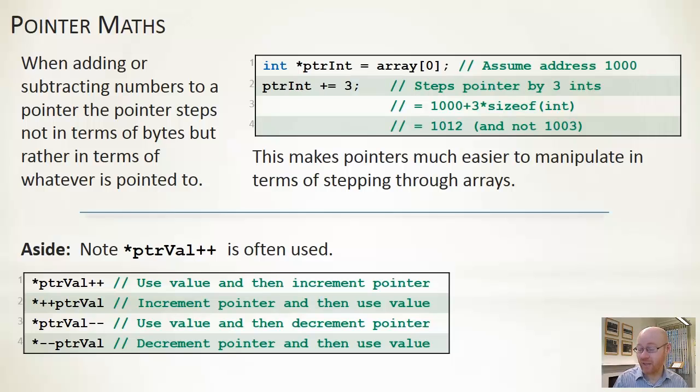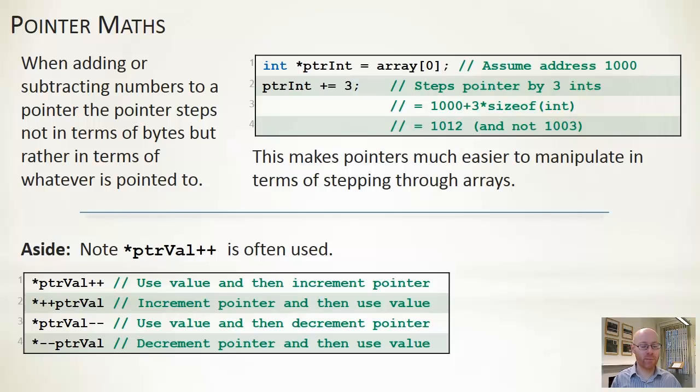Instead, the interpretation is that it increases my integer pointer by 3 integers. It steps forward 3 times the size of an integer in terms of the memory address. So assuming a 4-byte integer, we would end up in memory address 1012. So that's an important characteristic.